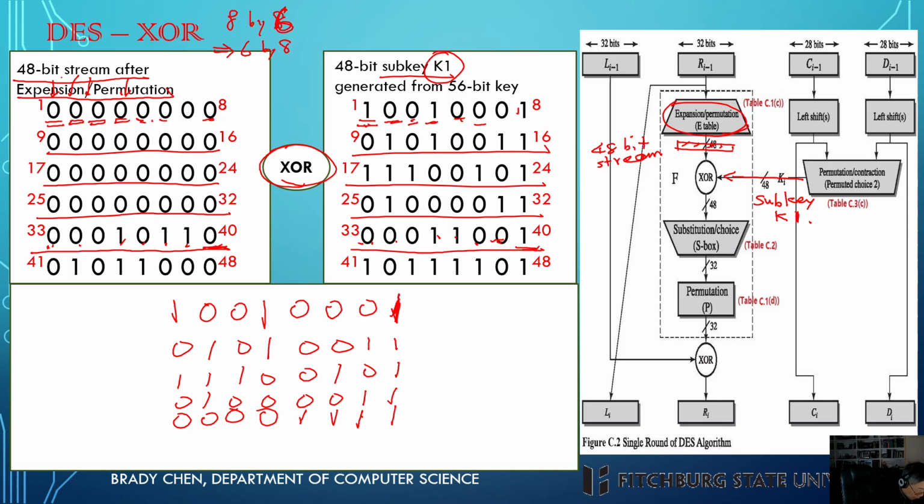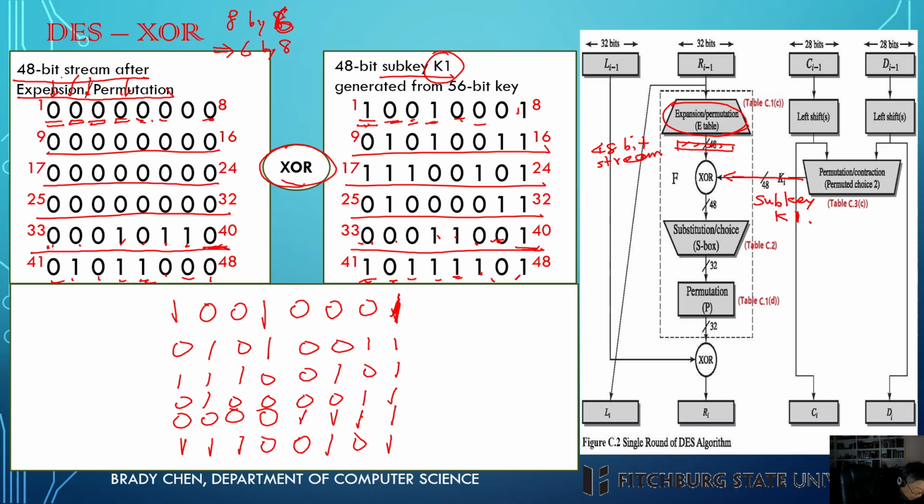And we can fill in the last row. 0, 1, it's 1, 1, 0, it's also 1, and 0, 1, it's 1, 1, 1, it's 0, 1, 1, it's 0, and 0, 1, it's 1, 0, 0, it's 0, 0, 1, it's 1.